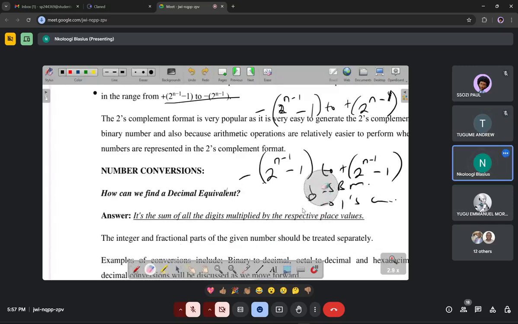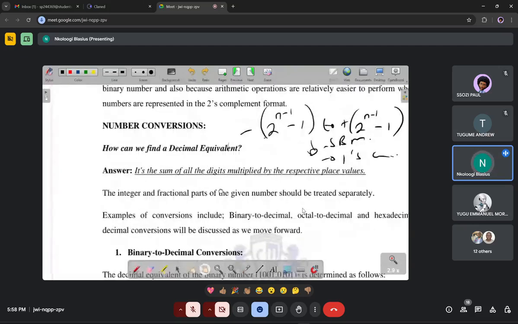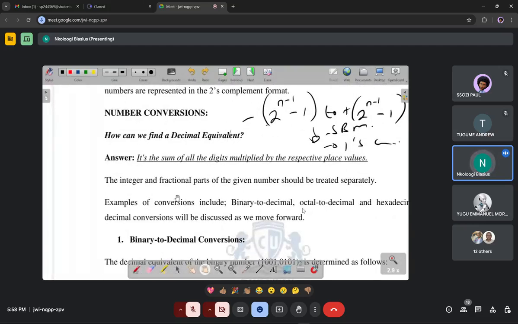So our next business should be how to convert from decimal to binary, from binary to hexadecimal, from hexadecimal to octal. Another question. In the PDF, I see it is from positive to negative, so that should be a mistake.